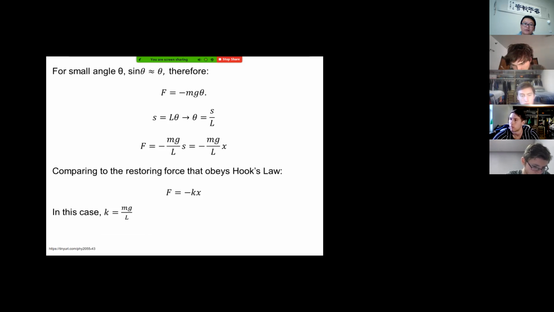If you take the small angle approximation, then just replacing k with mg over L, you have the same expression as for a mass attached to a spring. So in that sense, the pendulum can also be treated as a simple harmonic motion.